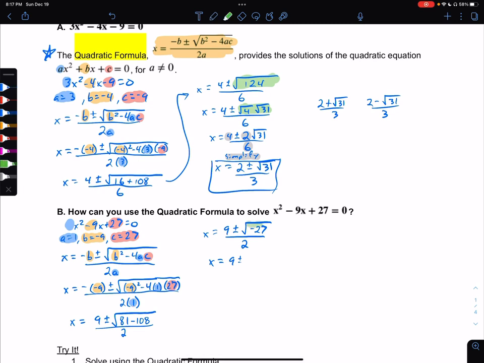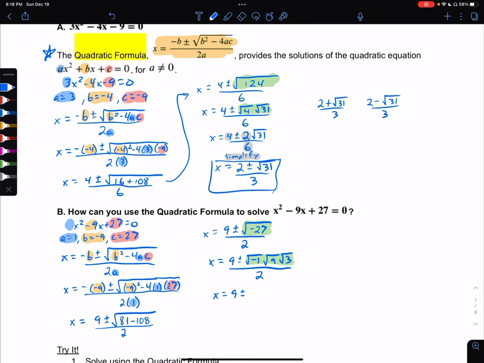So this radical -27, we can simplify that. So what I'm going to do is I'm going to break that up into -1, 9, and 3. And all of that will be divided by 2. So x is equal to 9 plus or minus.